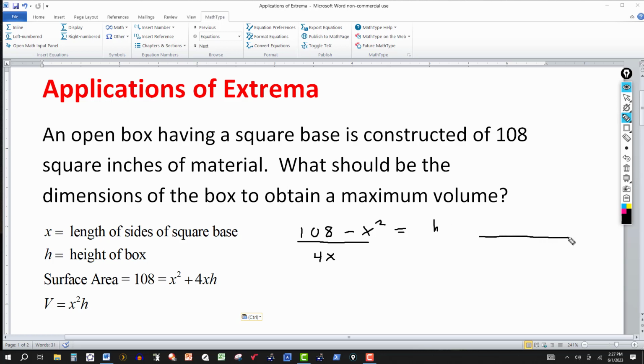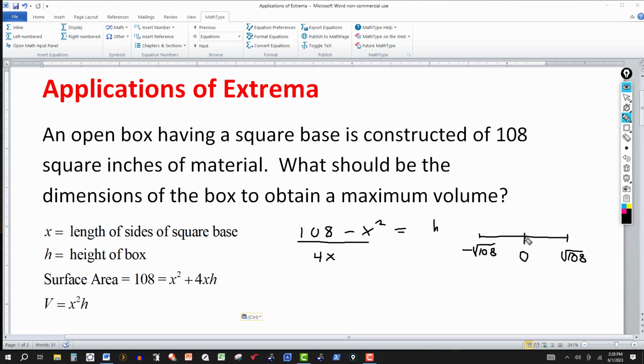So on this number line we'll plot the zeros of the numerator and denominator. The denominator is 0 when x is 0, and the numerator factors into the square root of 108 minus x and the square root of 108 plus x. So I'm going to have zeros at the square root of 108, and over here on this side minus the square root of 108. The square root of 108 is approximately 10.4.